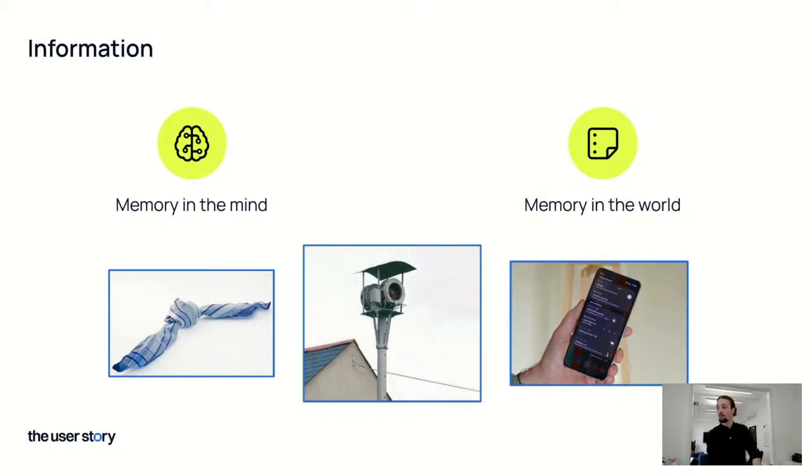Whereas for example, disaster alarms, there are different patterns for different types of disaster, and we have to remember and recall those, but they are giving us more information in theory if we have learned them ahead of time. And memory in the world are things that exist that we can draw upon. This can be things like notifications on our phones, most notably, with hopefully a title and a description that makes sense to us.